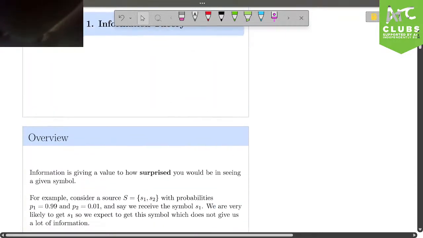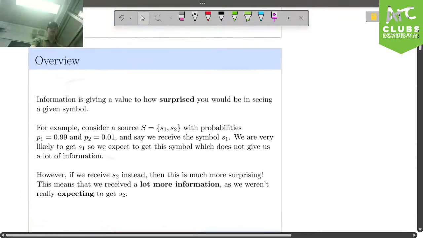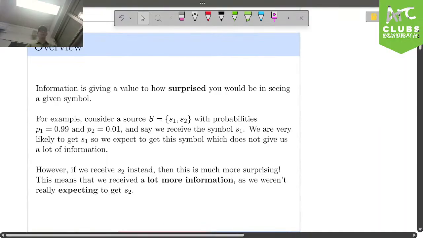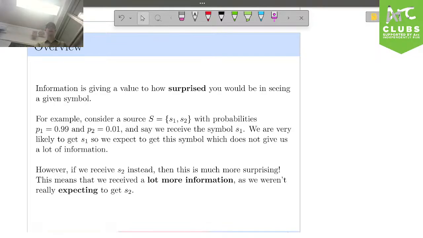Okay, so we will start with information theory, which I'll walk through. The most intuitive link you can make to information theory is in terms of how surprised you are when you receive a certain message. That's the link we're going to make between what we're going to call information and the probabilities of sending a message.